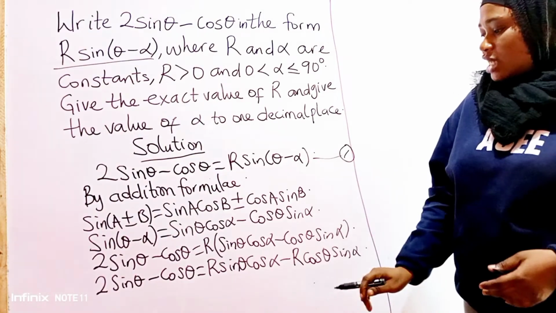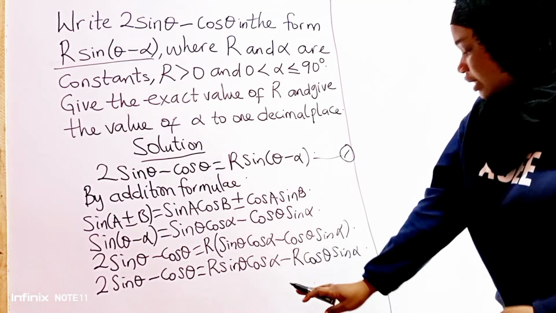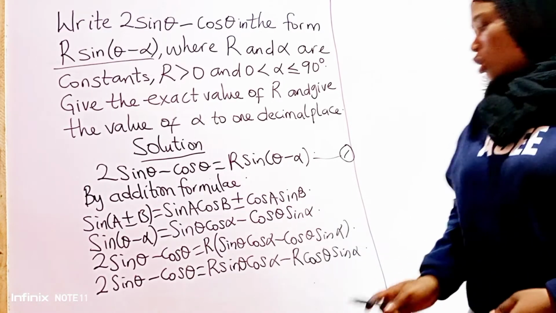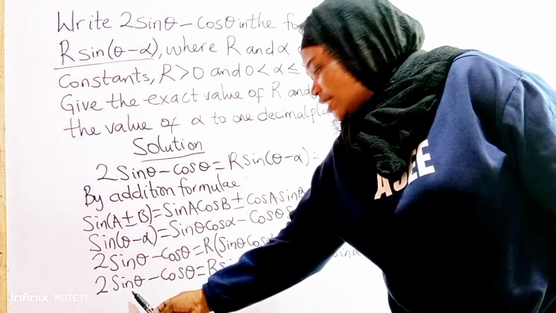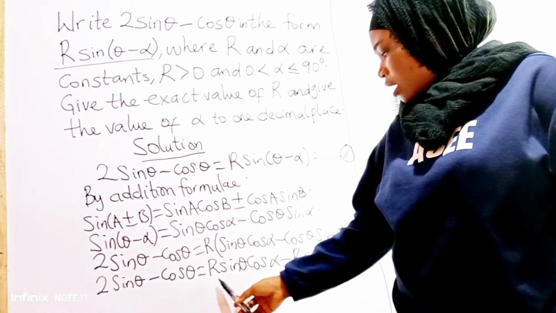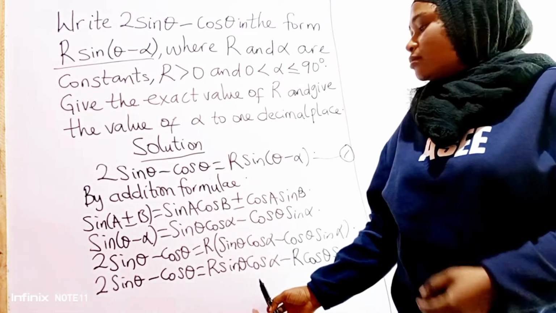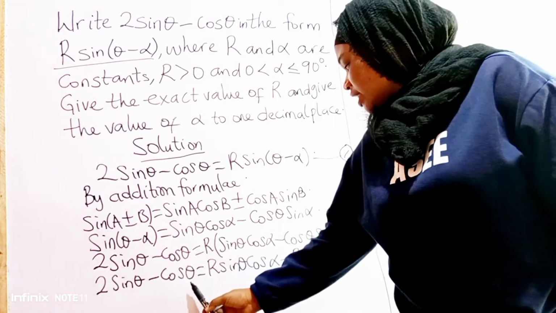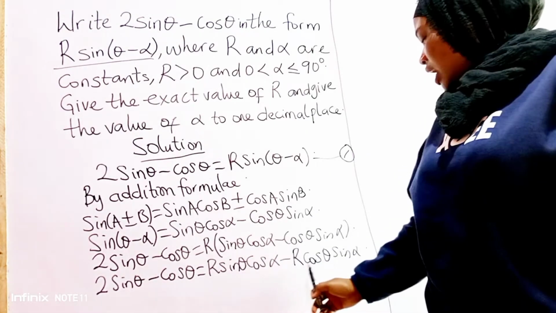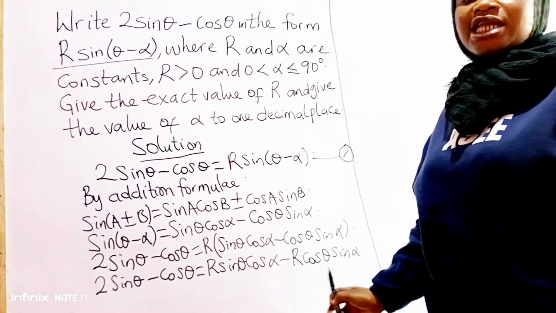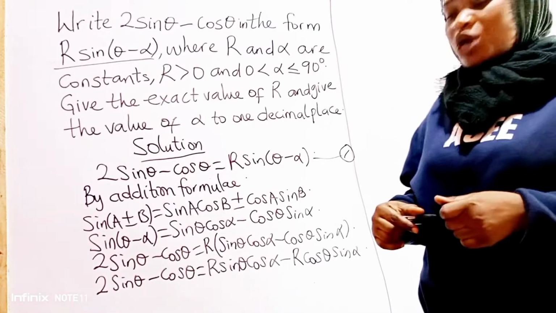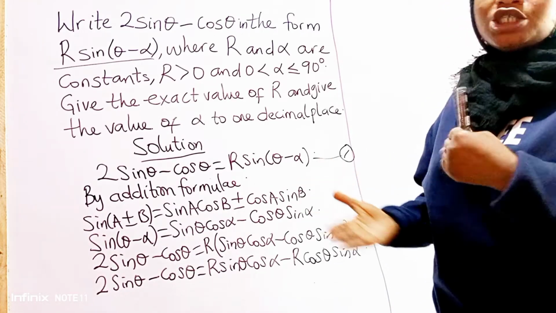From here you have to look at the equation very well. 2 sin θ looks like r sin θ cos α, they are like terms. Minus cos θ and minus r cos θ sin α are also like terms. So we are going to equate each of them.